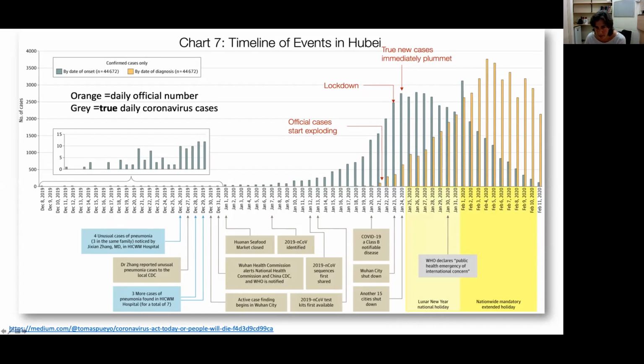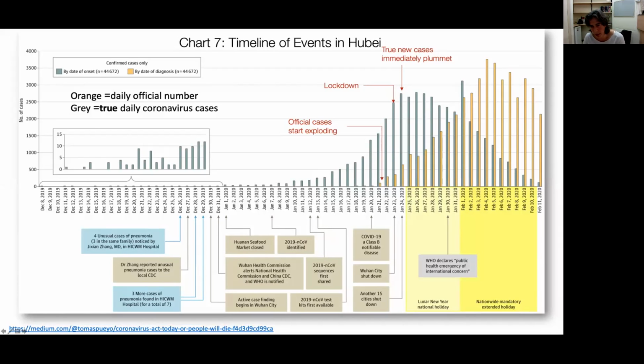Once the virus was identified, a couple of days later they were able to test for it, and then you can start seeing the official cases going up. Around January 23, they started to isolate patients and started locking down the Wuhan area.